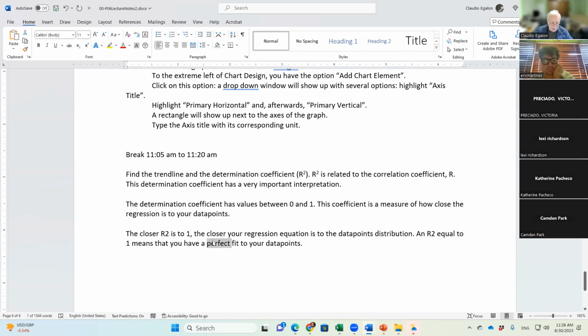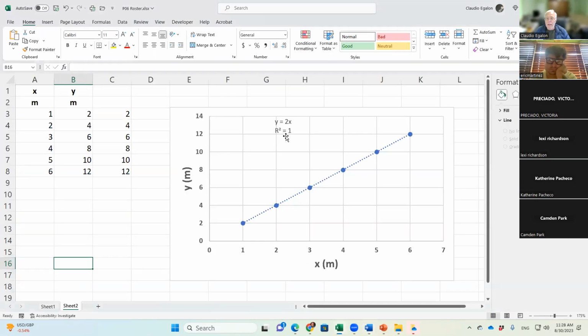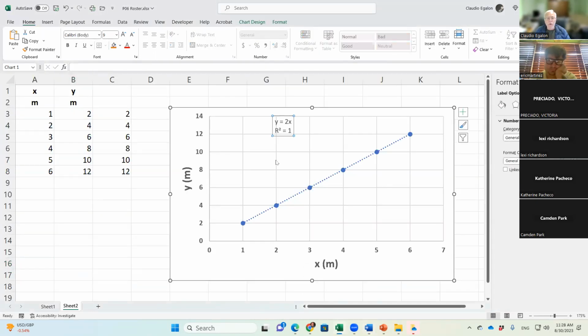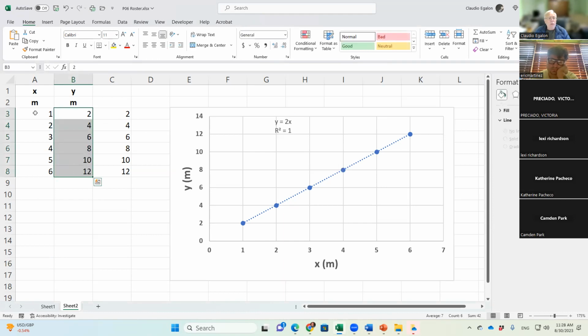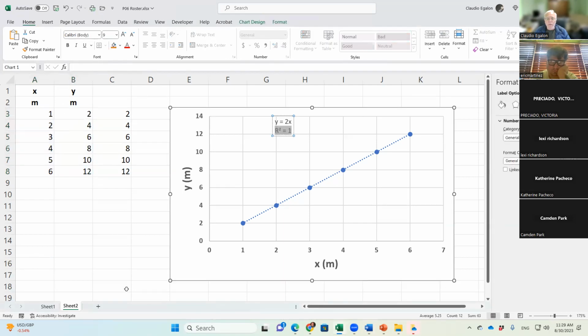Okay, perfect fit. That's why I got R square in there equal to 1. I got R square equal to 1 because when I generated this data here, all I had to do was multiply the X by 2, right? Something like that doesn't happen in real life. It rarely happens in real life, R square equal to 1.